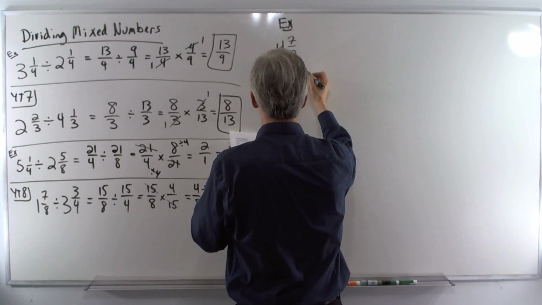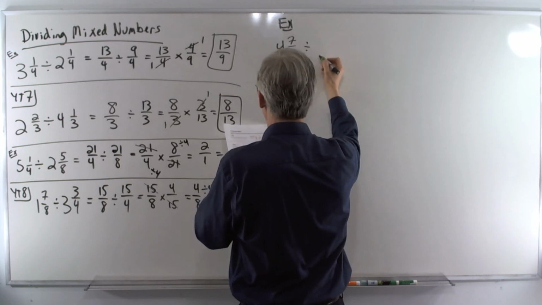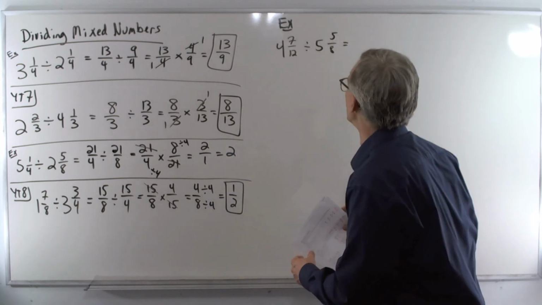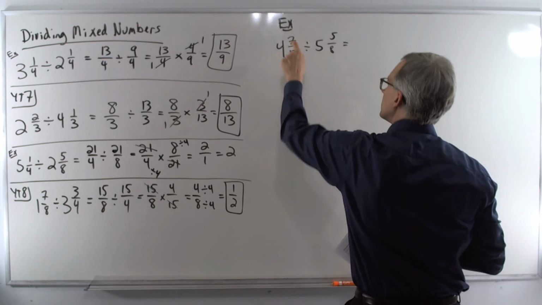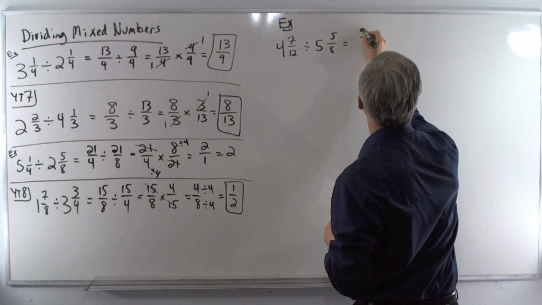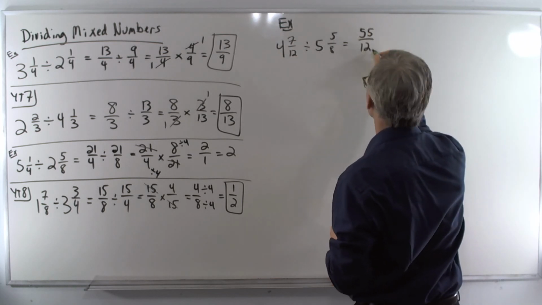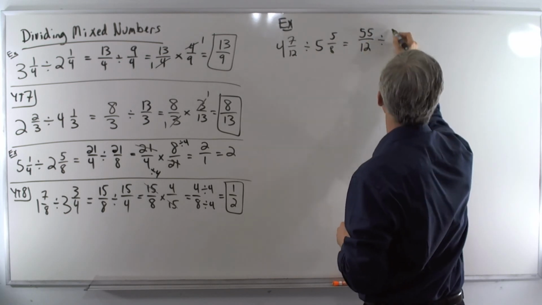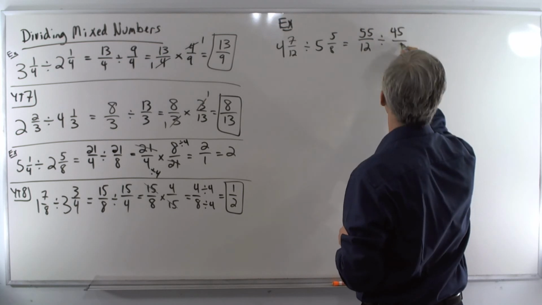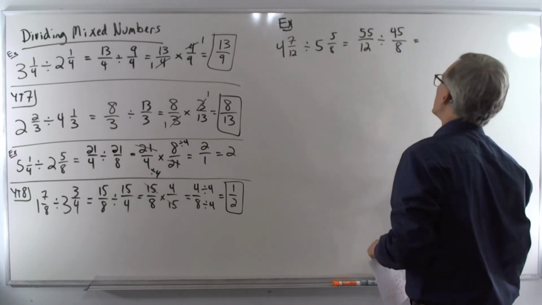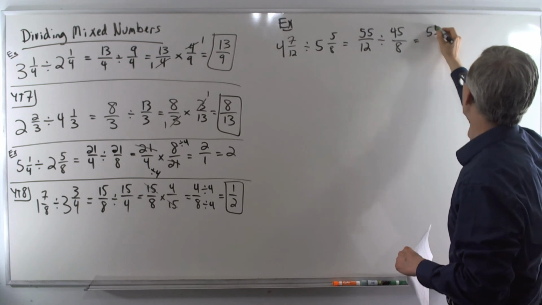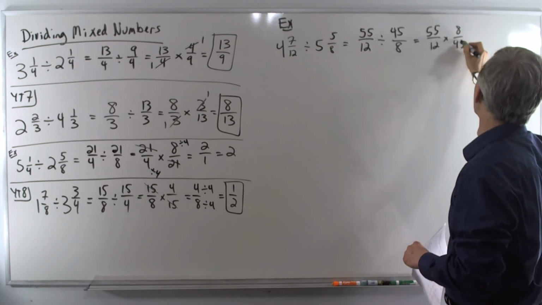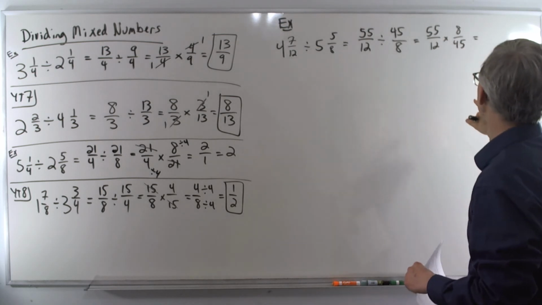Next up, we got 4 and 7/12, and we're going to divide by 5 and 5/8. 4 times 12 is 48, plus 7 is 55. 5 times 8 is 40, plus 5, 45. Convert to multiplication. Alright, now we've got some simplifying to do.